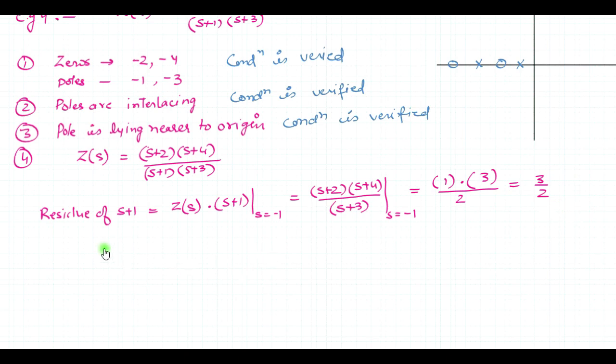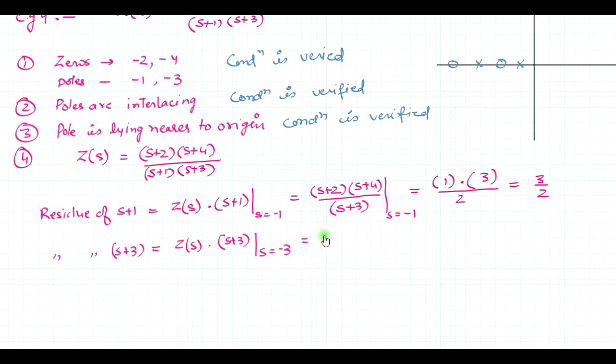Similarly, we will calculate the residue for s plus 3. So the residue of s plus 3 will be equal to: we will multiply ZS with s plus 3 and substitute s equal to minus 3.